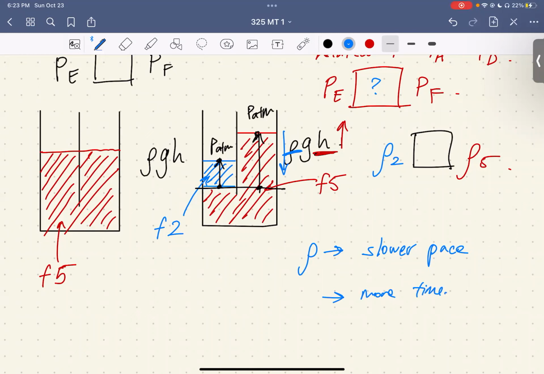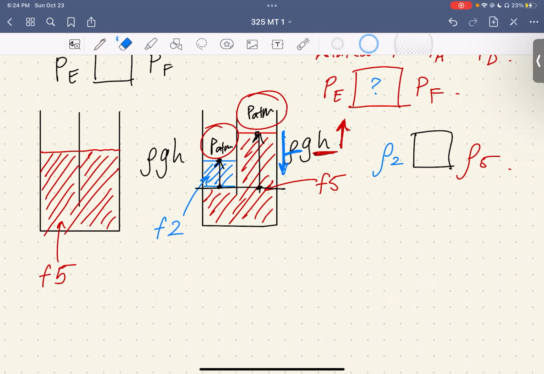So the more that you go at a slower pace, so the lower the rho, the more time it will take. So if we have a lower density, that means we will have to travel a higher height to get to our PATM. So therefore, we know by just taking a quick look at this, that rho 2 is greater than rho 5.